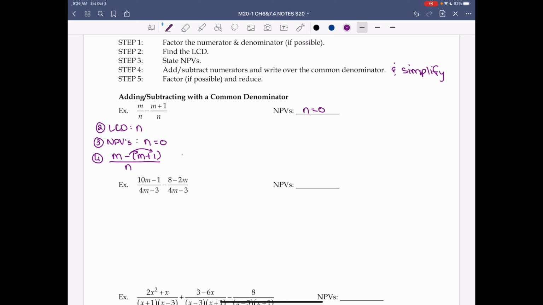We get m minus m minus 1 over n, which equals, m minus m is 0, so we have negative 1 over n. Step 5, factor if possible and reduce. We can't factor, so there's our answer, negative 1 over n.